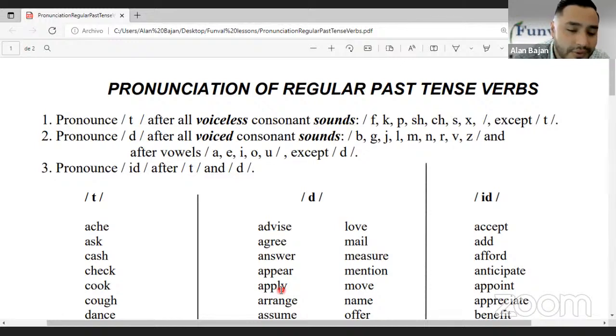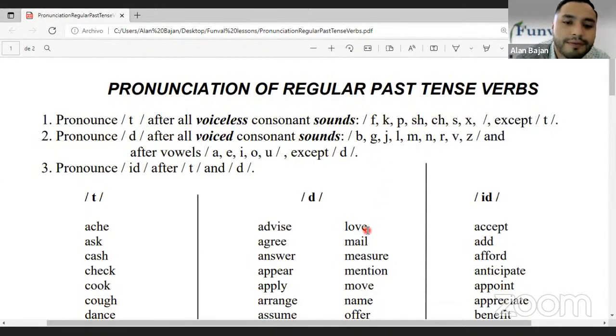Is that a vowel sound at the end? I, apply. Yes. It's an E sound. El sonido de la I latina en español, pero en inglés es I. Apply. So it's applied.